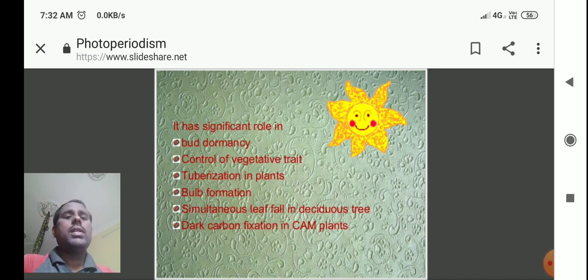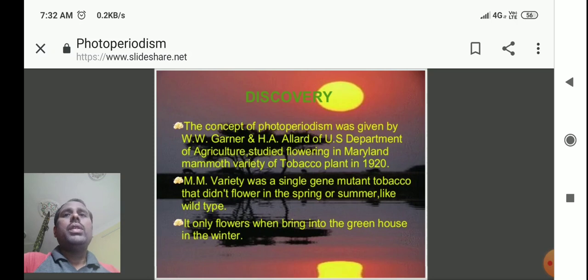Now the discovery of photoperiodism. This concept was given by Garner and Allard of the US Department of Agriculture, who studied flowering in the Maryland Mammoth variety of tobacco plant in 1920.